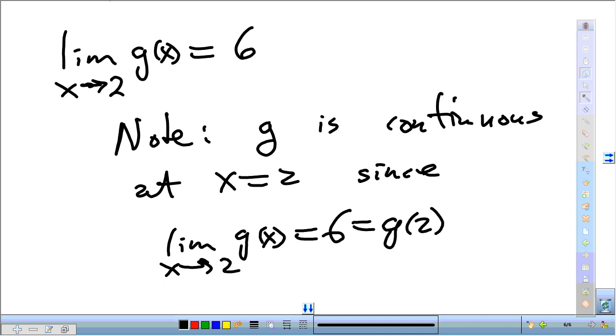Also, in this case, it turns out that it has a limit of 6 at 2, which matches the value at 2, so it actually is continuous.